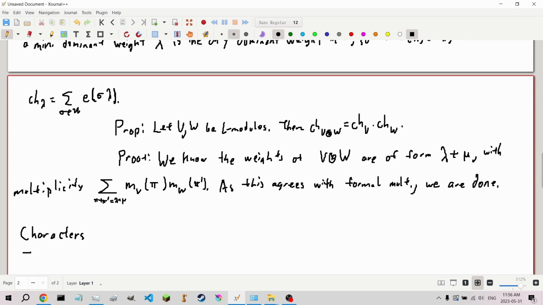So, first topic in characters is invariant polynomial functions.